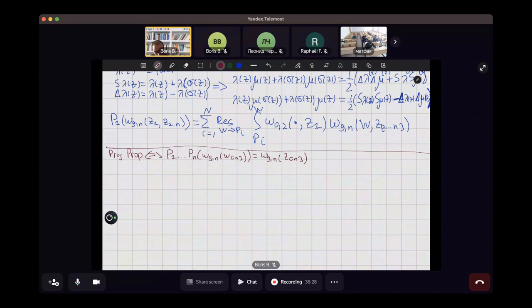And I want to say that it's just equivalent to the following: P1 omega is equal to omega. Sorry? You can just say P1 omega is equal to omega. Yes, P1.